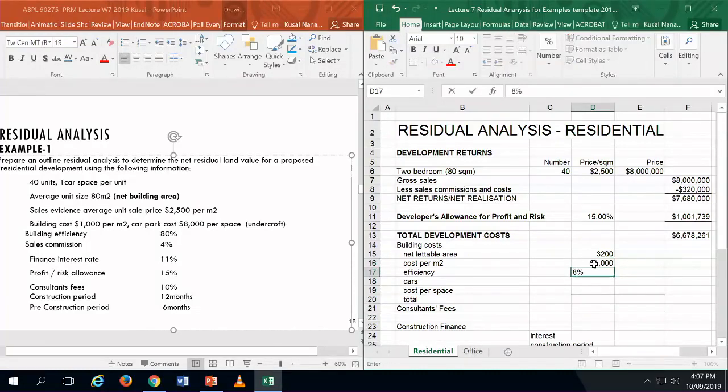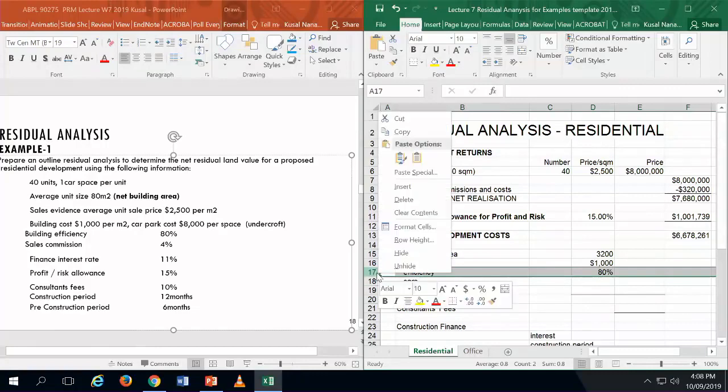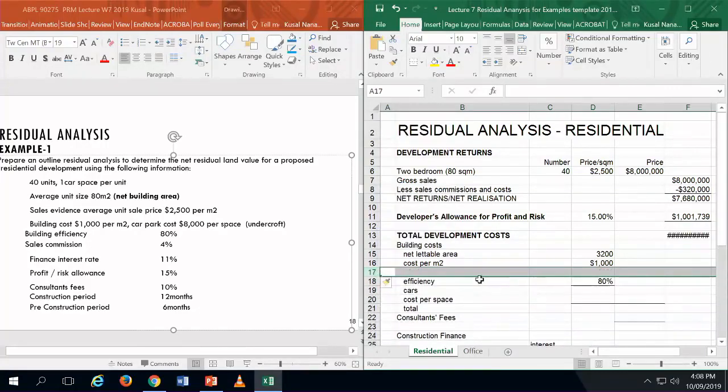Efficiency, 80%. Right. So, I should put another one here to understand easily. Gross floor area.